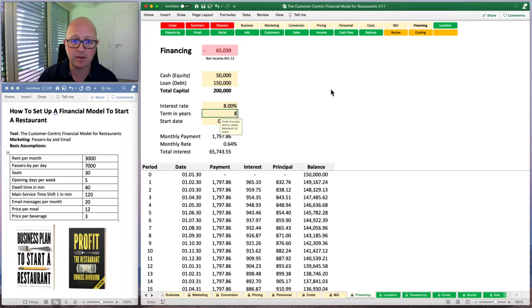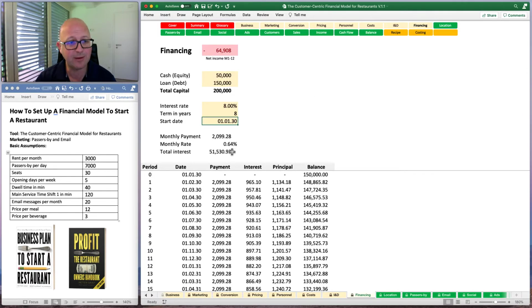Let's say 8 years. And then you get a detailed loan calculation of the payment per month. This loan would have a monthly payment of $2,099.28, monthly interest rate 0.64%, and total interest paid would be $51,530.